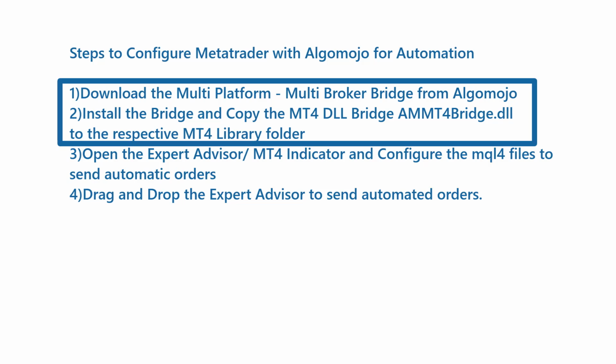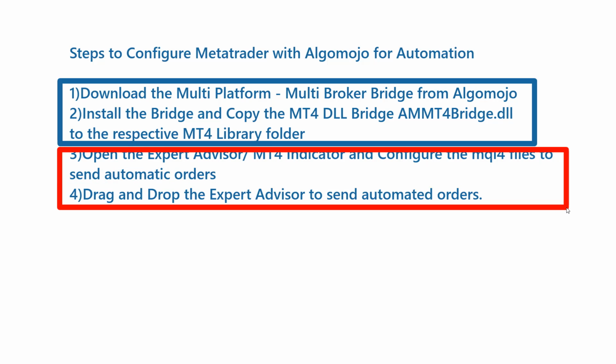In this section we are going to look into the third and fourth parts: how to open the expert advisor, how to configure the MQL files, and how to configure the expert advisor so that automated orders will be sent from MT4 through the Algomojo platform to your broker account.